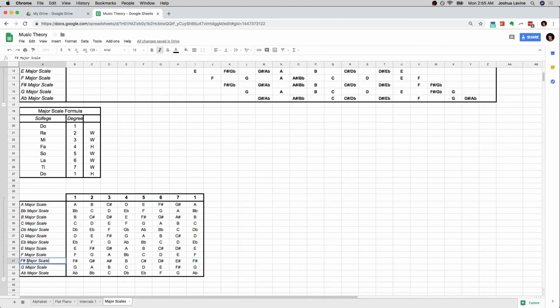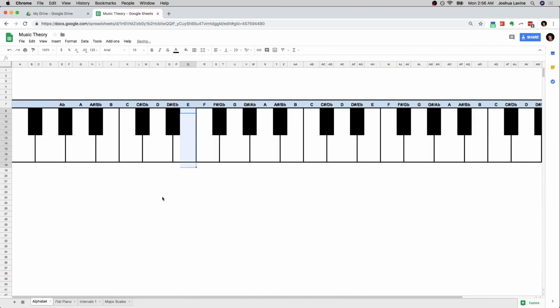But if I had called it the G flat major scale, what would I have gotten? Well, this would have been G flat, this would have been A flat, this would have been B flat, this would have been not B, but actually it would have been C flat, which is just as annoying as E sharp. C flat is the same as B, right?